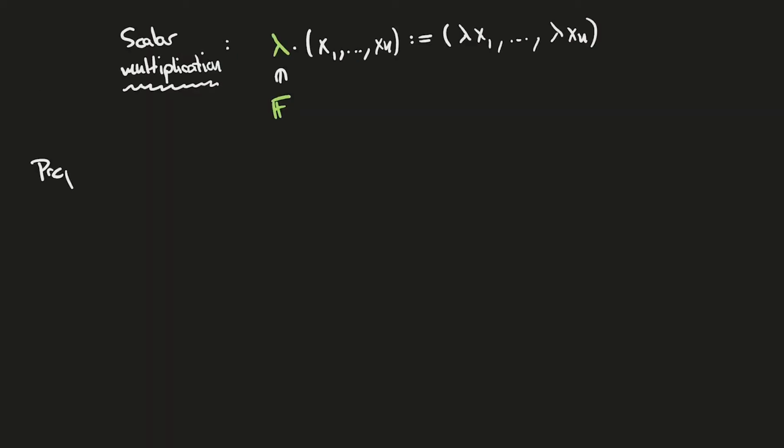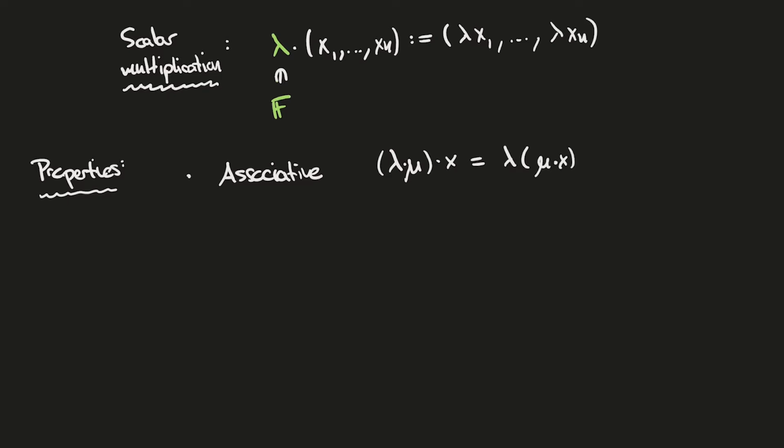Next, we summarize the properties of scalar multiplication. So first, scalar multiplication is also associative. This means that lambda times (mu times x) equals (lambda times mu) times x.